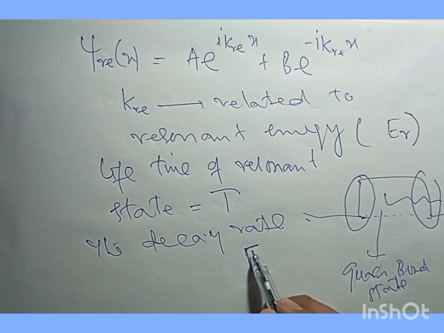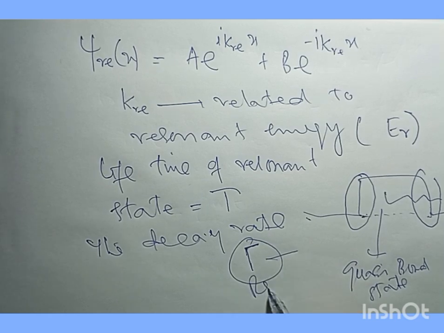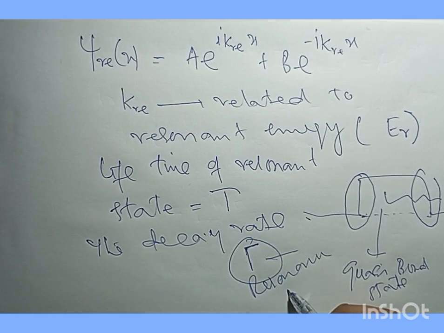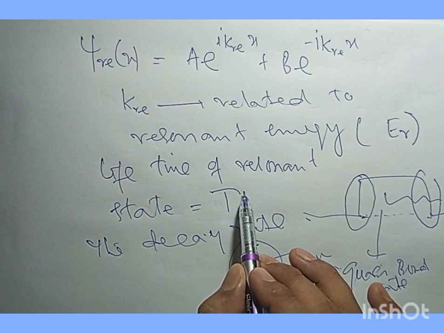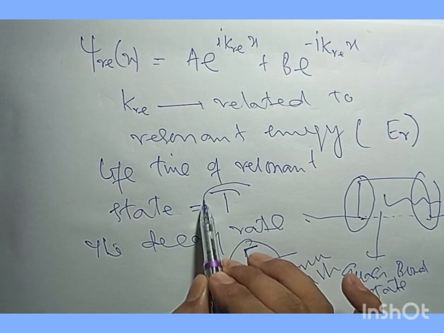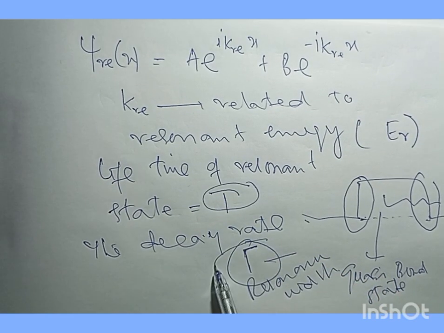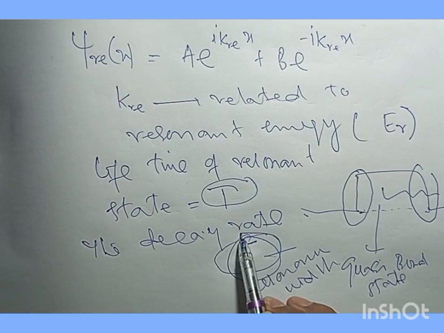So this is my resonance width. So there is a relation between tau and the half Γ.